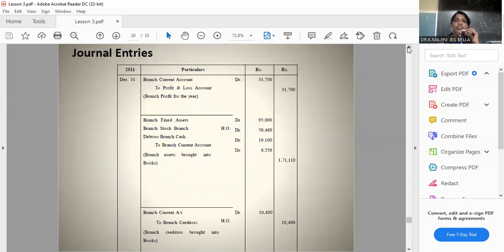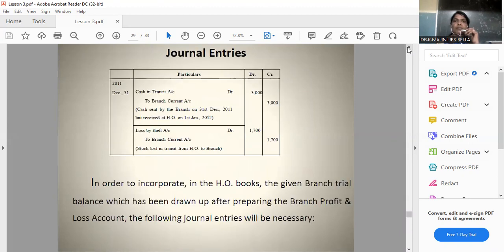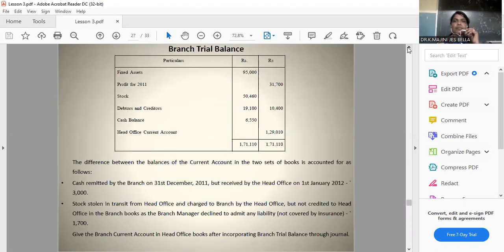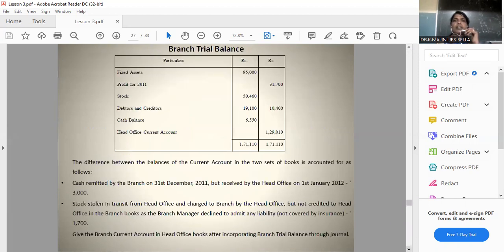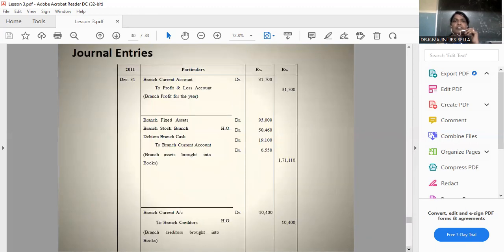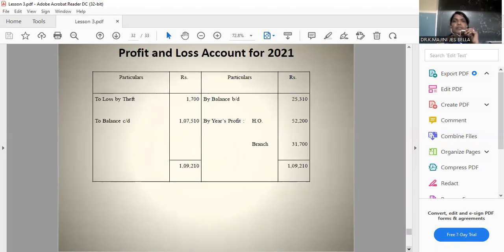Balance how much? 25,310, right? You can write it here, 25,310 by balance BD. The profit and loss account balance we already have, so the balance also we have to write it here.